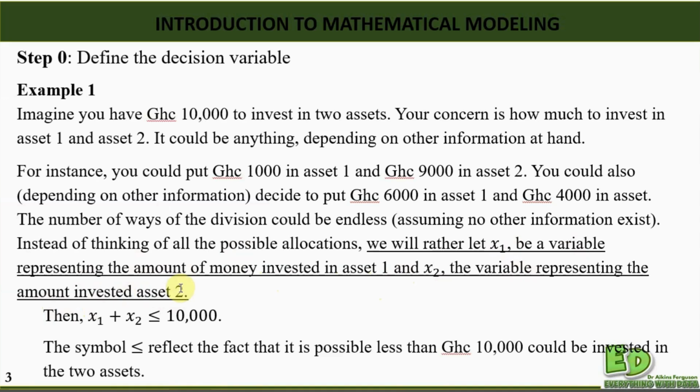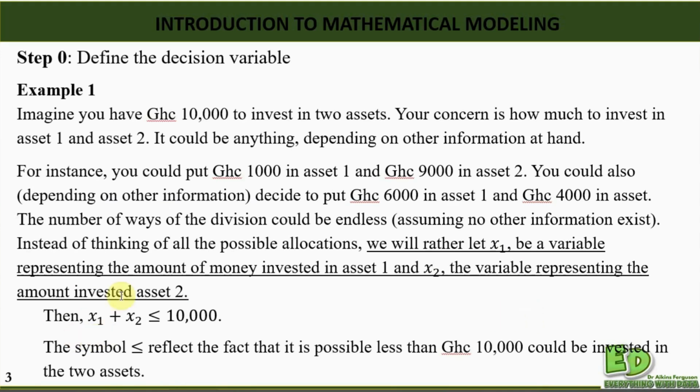That is how to go about the decision variables. You want to know how much you want to invest in each of these assets. So we represent the amount of money to be invested in each asset with decision variables, i.e. x1, x2, x3, x4, depending on the number of assets you have to invest in.